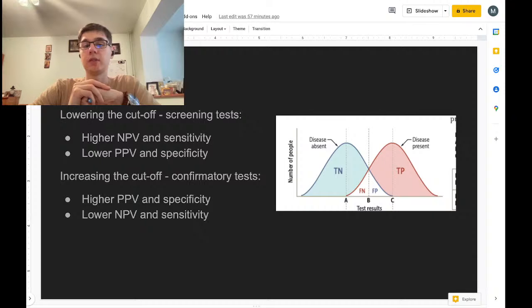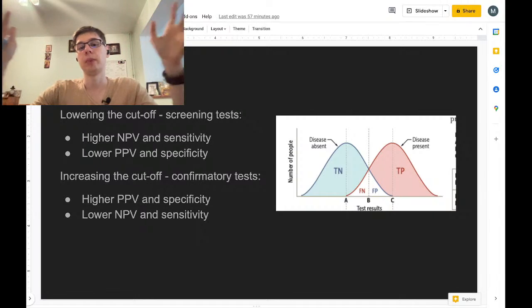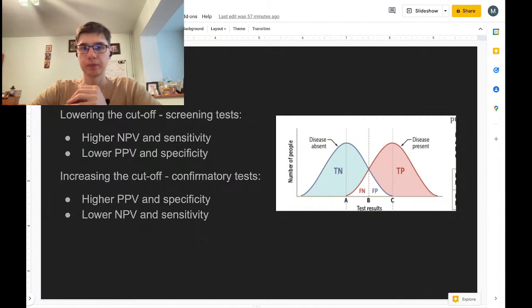The positive predictive value is true positives divided by true positive plus false positives. Lowering the cutoff will mean that we have a greater amount of false positives. Specificity is defined as true negative divided by true negative plus false positives.